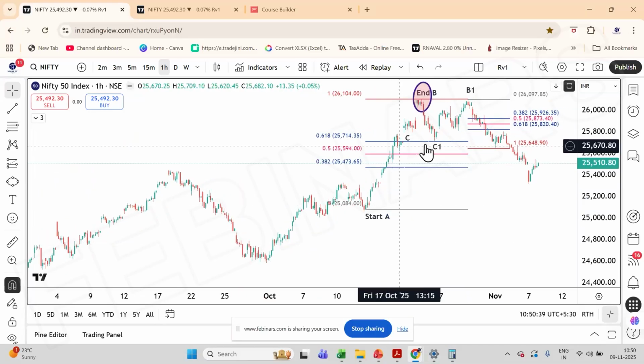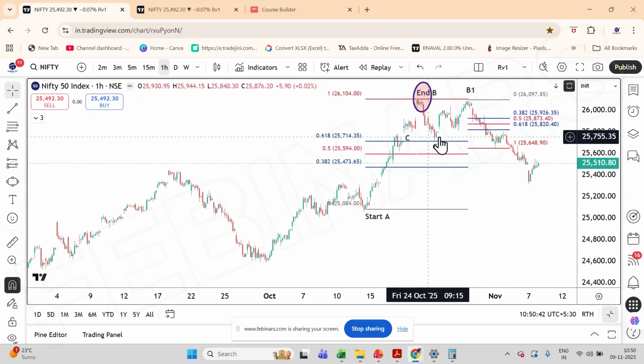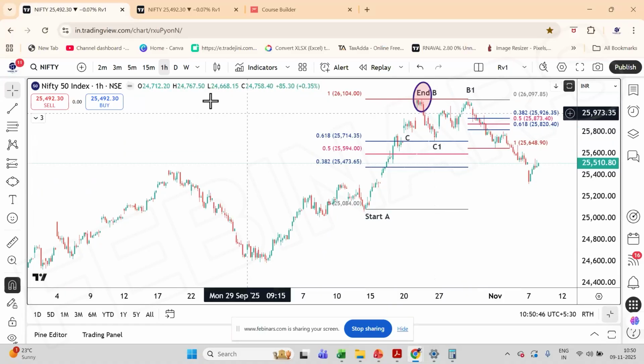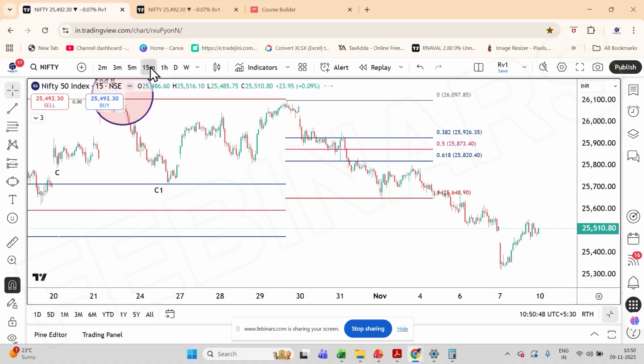So basically this is how we are marking the points from the reversal. At 38.2, the reversal has occurred, from where you could have got the entry.